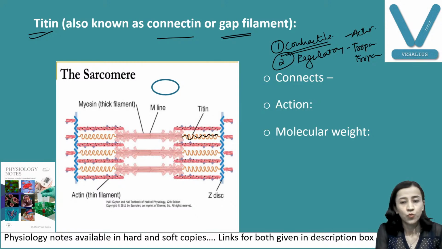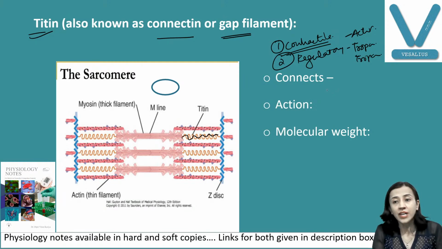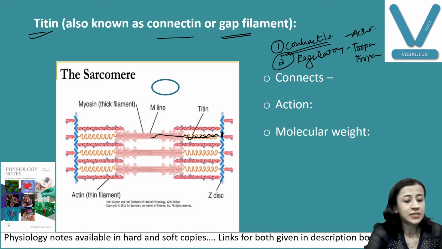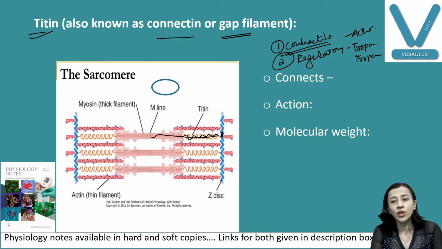These molecules are large elastic filaments and they connect the Z line to the M line here. What is their action? These titin molecules keep the myosin and actin filaments in their own place.